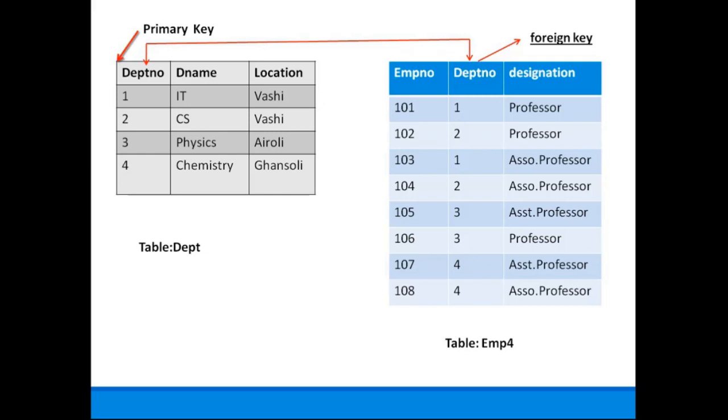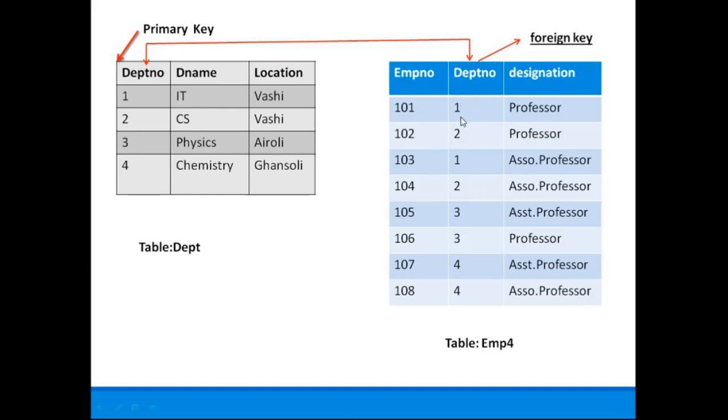Here employee number is a unique key for the employee 4 table, but the department number column refers to the department number column from the department table. So in employee 4, the department number column is not a primary key column. It is not a unique key.